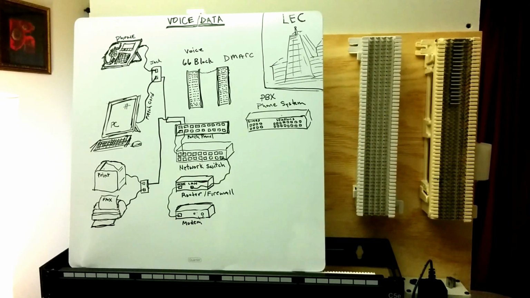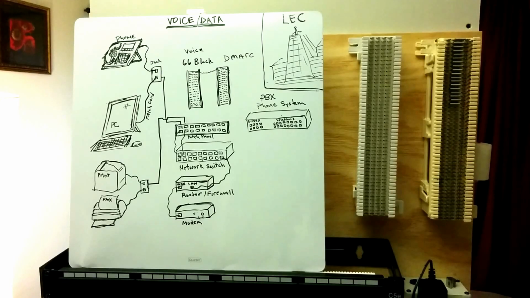Larger businesses might have a T1 circuit, and you might see something that's called a smart jack, and we'll try to go into some of that stuff in a later video. So this is just a general overview of how things might look for a business.